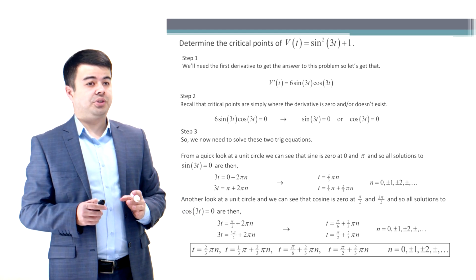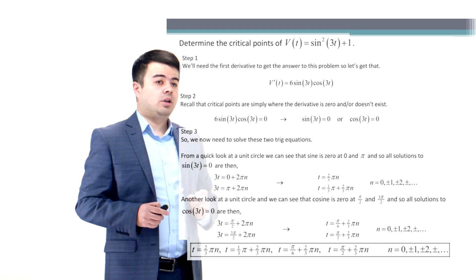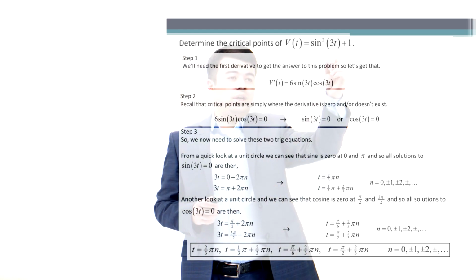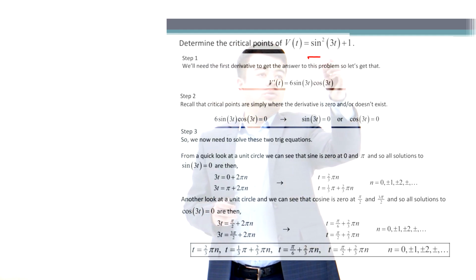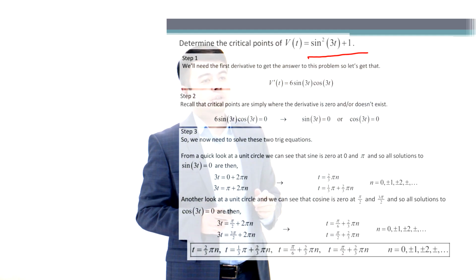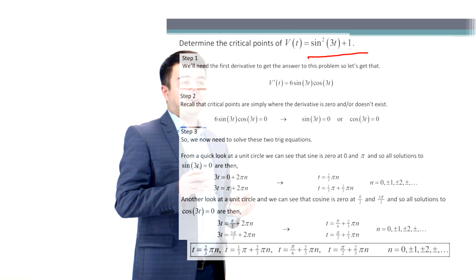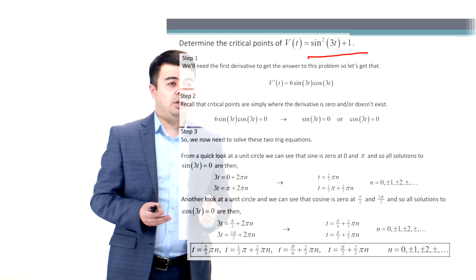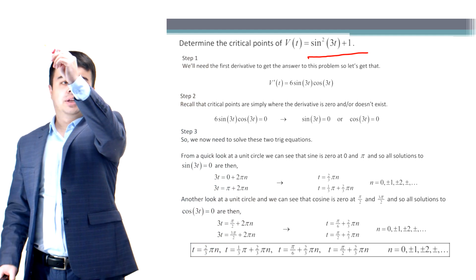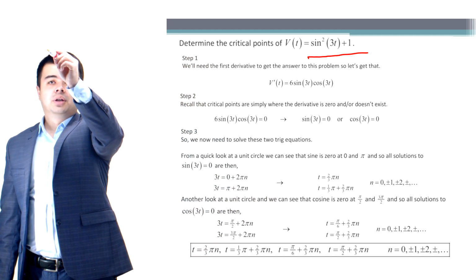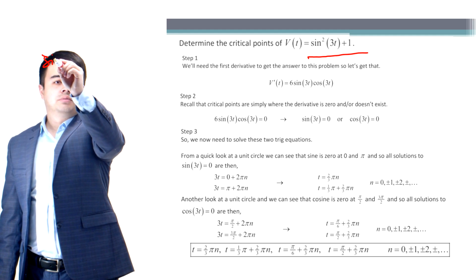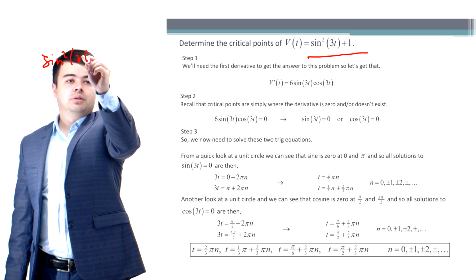Now we have a trigonometric function, V(t) equals sine squared 3t plus 1. Again, find the derivative. Let's consider separately sine squared 3t.